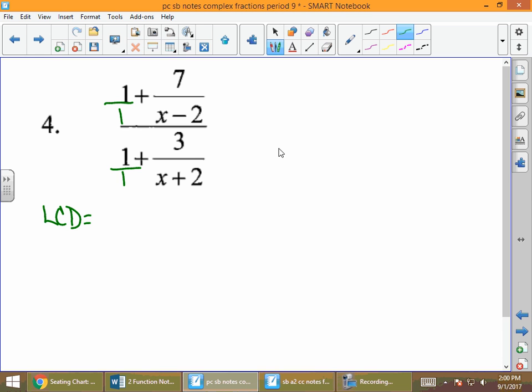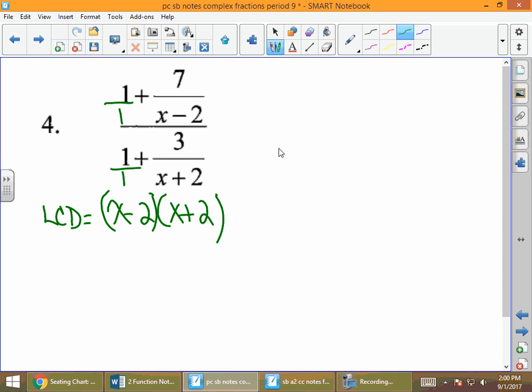Well, luckily, there's some 1s in there. And the only thing that we can do between x minus 2 and x plus 2 is we can multiply those together. Again, if you don't like this method, we'll go back to the addition method in a minute.